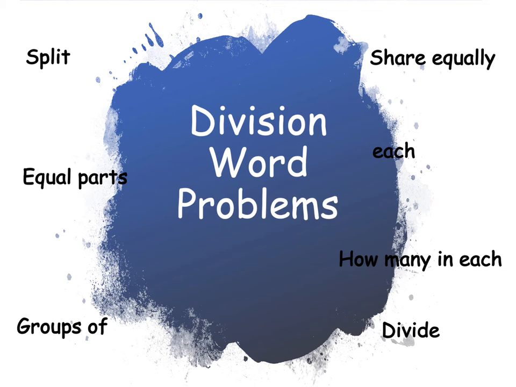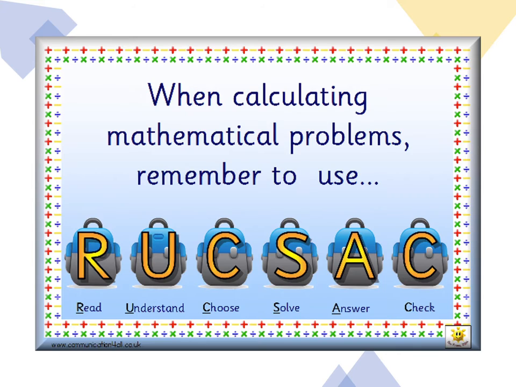Now, we need to remember something else. When we're reading our word problems, we need to remember to use RUCSAC. That means we need to read the question very carefully and make sure we understand it. We can do that by underlining our keywords. We need to choose what operation of number we're going to use.